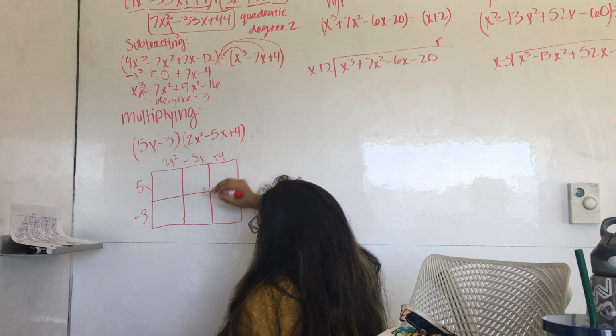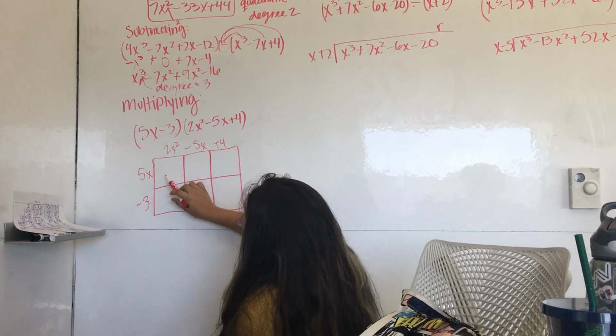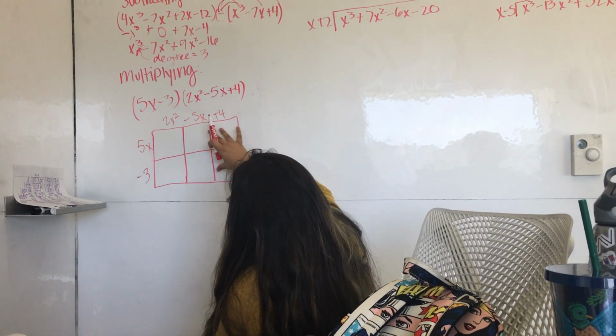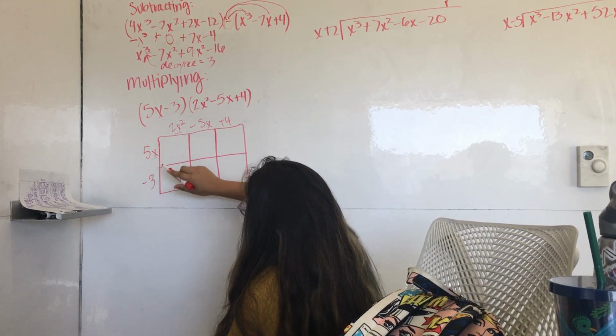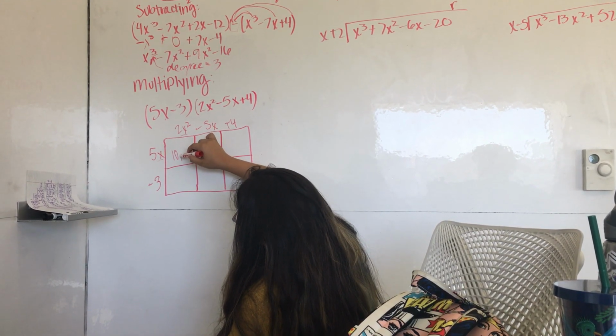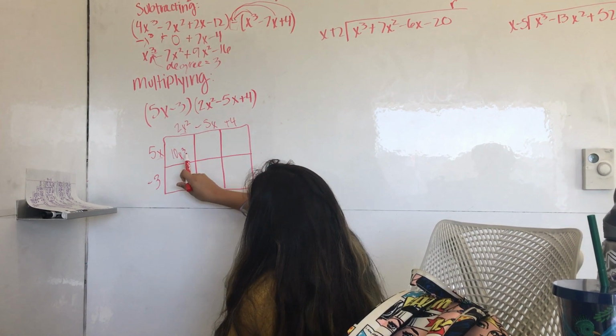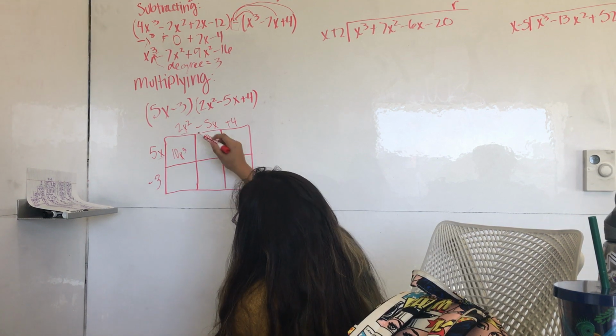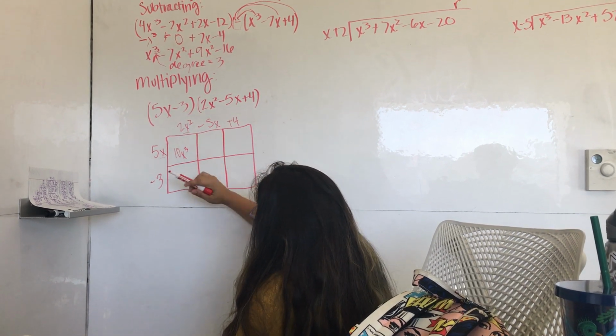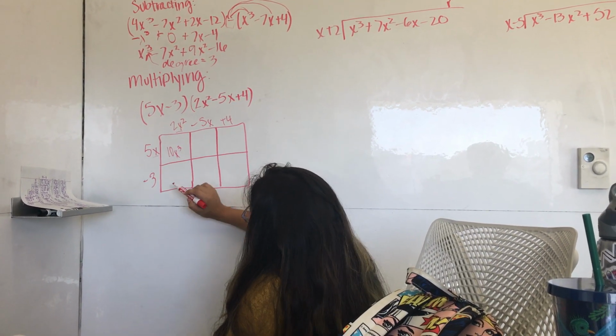And with this, we're just multiplying each to each other with the corresponding boxes. So 5x times 2x squared is going to be 10x raised to the third. Notice that you have the third because you're multiplying an x by another x, and you're using your exponent rules to add those exponents together.